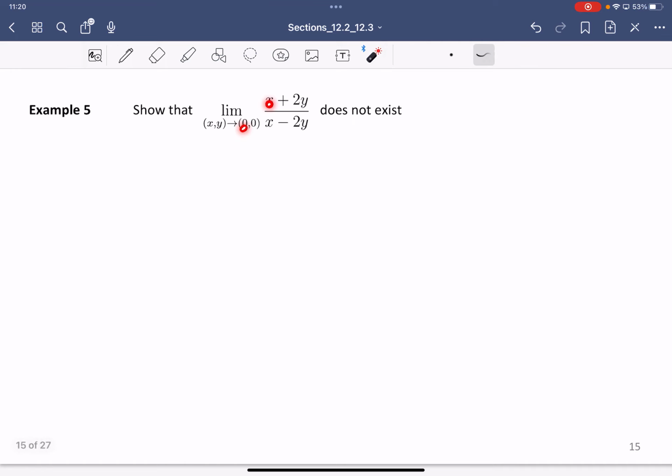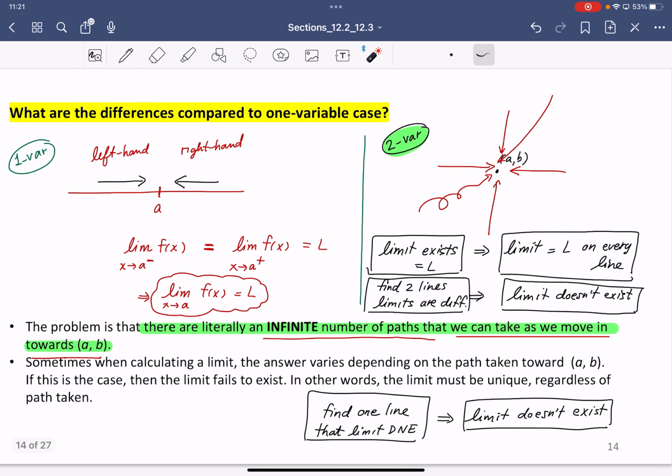If you plug in 0 and 0, you get 0 plus 2 times 0 over 0 minus 2 times 0. This is actually 0 over 0. So you need to do the conjugate or factoring first, but you can see that you have no way to conjugate and no way to factor out. So we're just going to show the limit does not exist by picking two different lines.